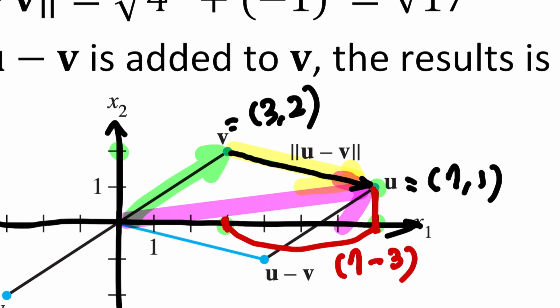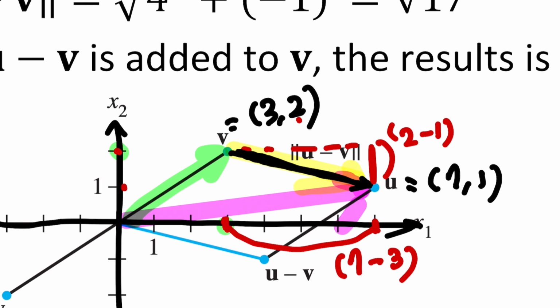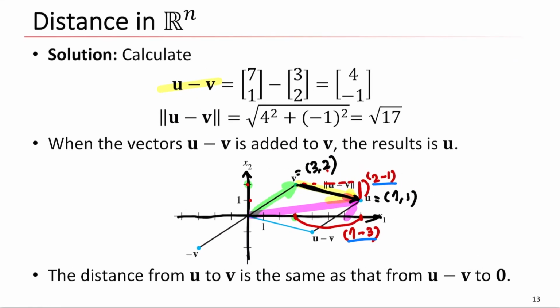What about this one? This is from 2 to 1, right? So it means that this vector can be represented by this one and this one.